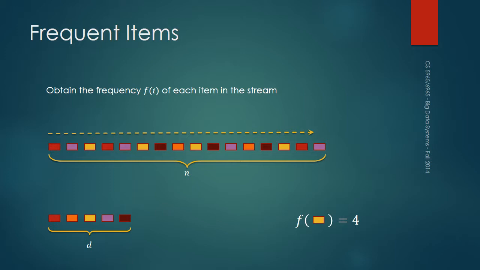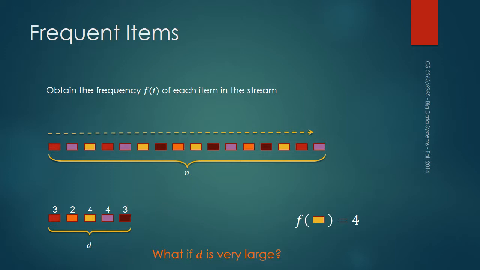Here are some D colors, and I'm retaining them, and I want to count how many there are. This is the simple approach: I have D counters. As every item keeps coming in, I keep incrementing their counters, and I always have a list of what I have. So it's the frequency in this case that is of interest.